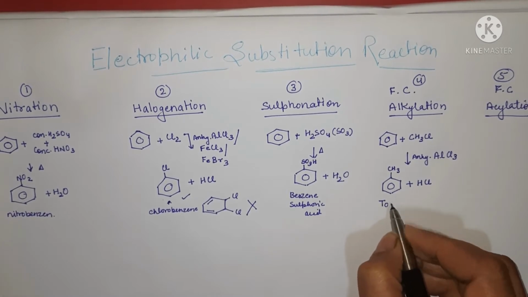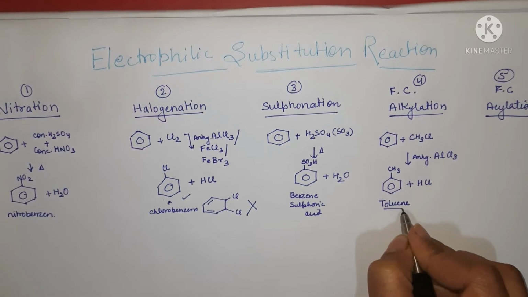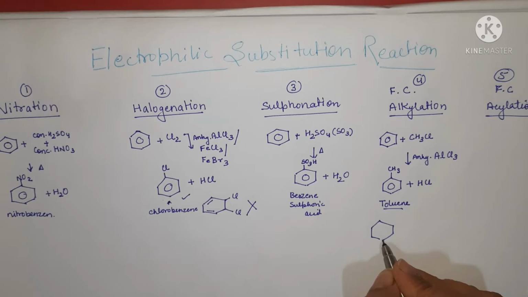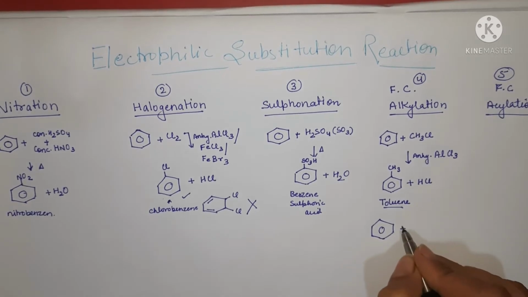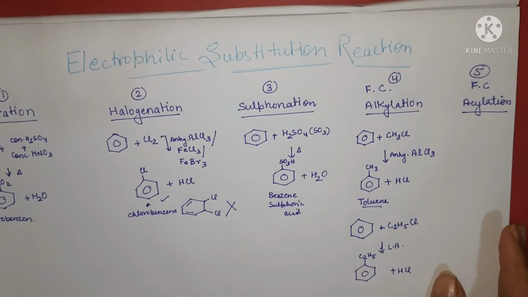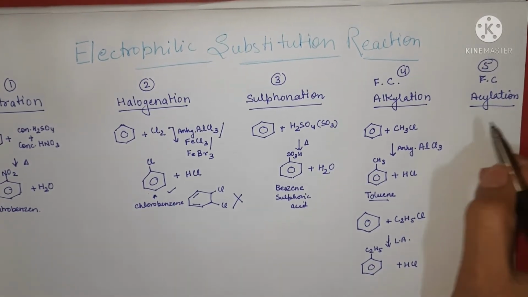The common name of this product is toluene. And if we want a benzene with an ethyl group, we take ethyl halide. This is the alkylation product. The last is Friedel-Crafts acylation.